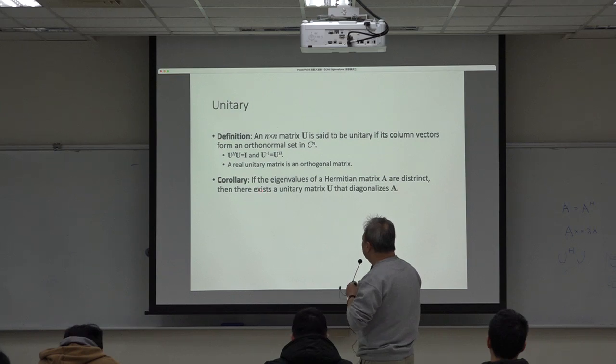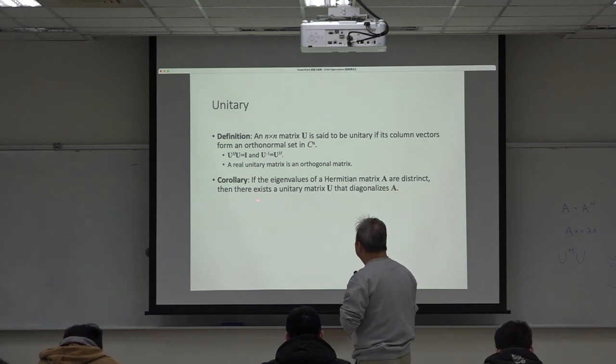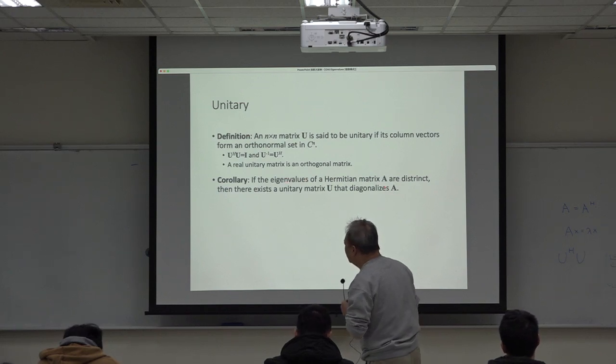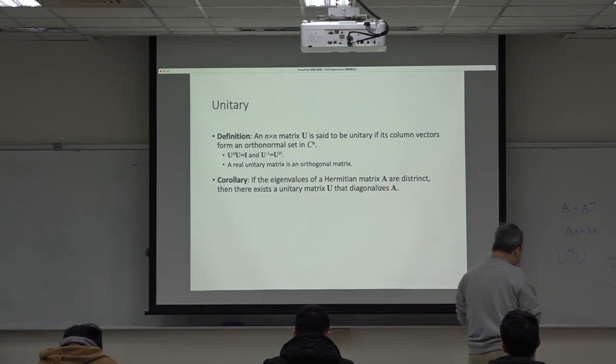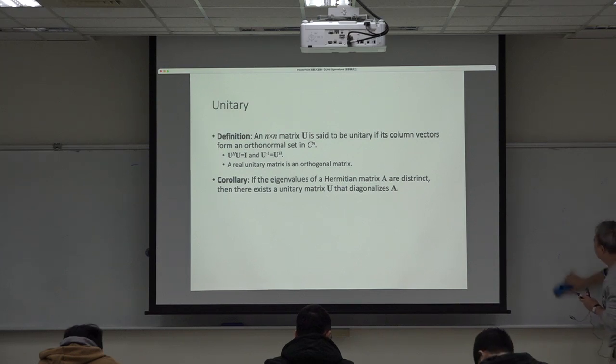Okay, so if the eigenvalues of a Hermitian matrix A are distinct, then there exists a unitary matrix U that diagonalizes A. Okay, so this one is similar to what we discussed. Which one?